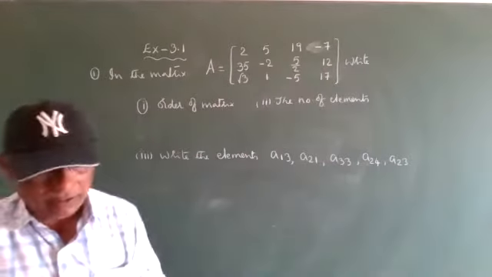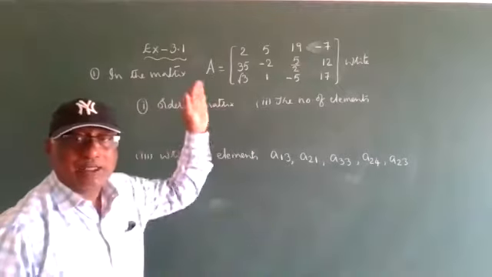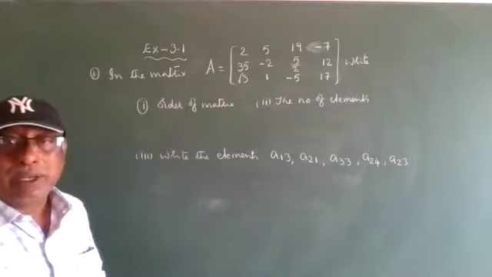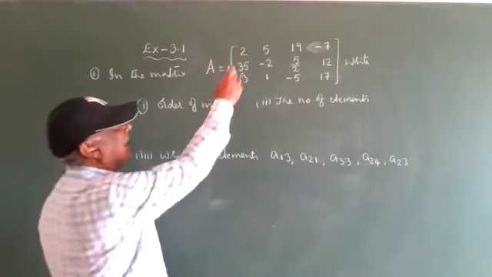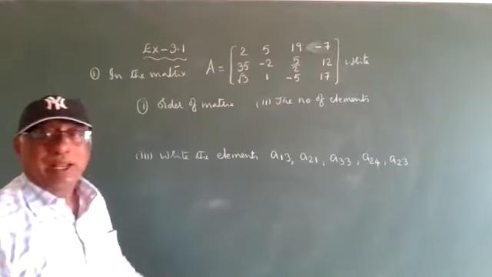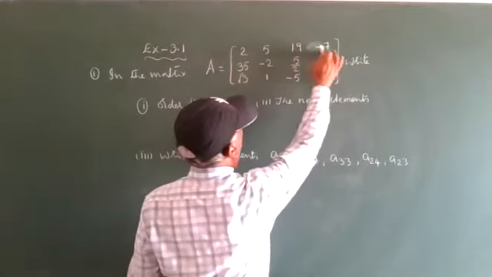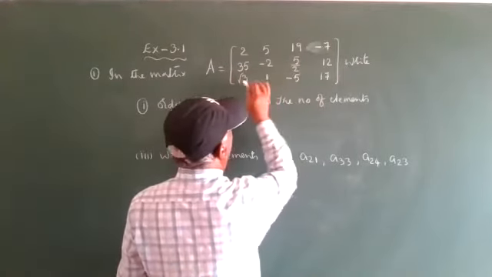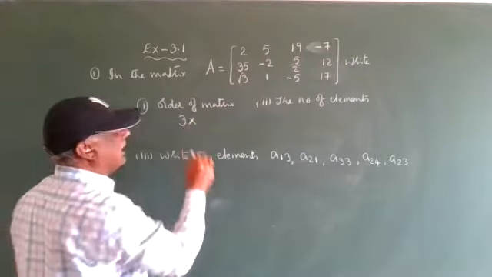I will write. Order means, tell me how many horizontal lines, how many rows. Rows means horizontal lines. First row, second row, and third row: 3 rows, 3 horizontal lines.